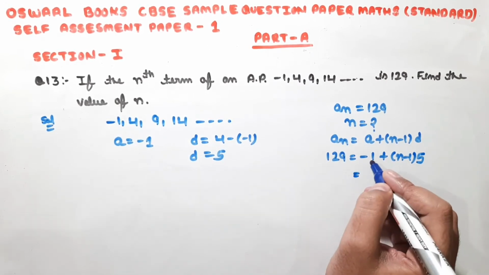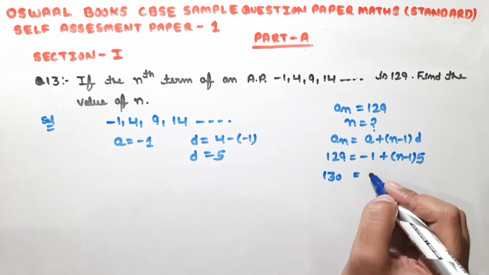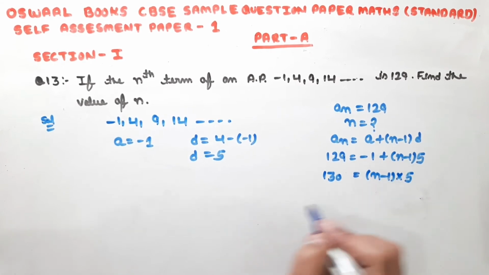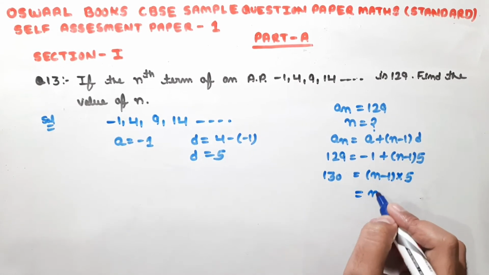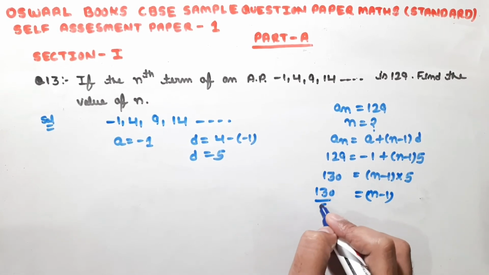So taking minus 1 to this side, this will become 130 equals n minus 1 into 5. So from here n minus 1 will be equal to 130 upon 5.